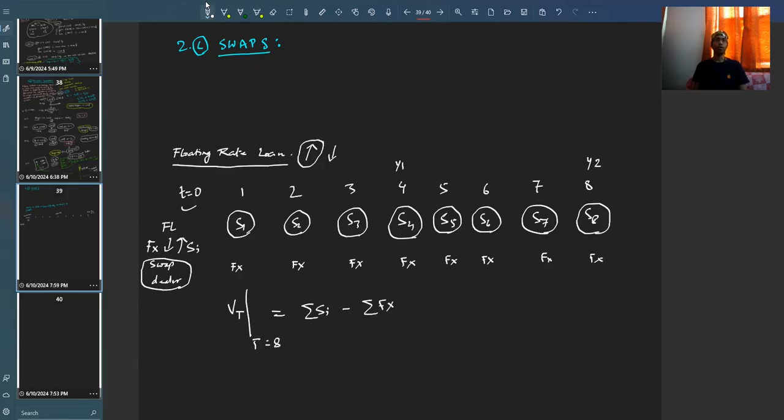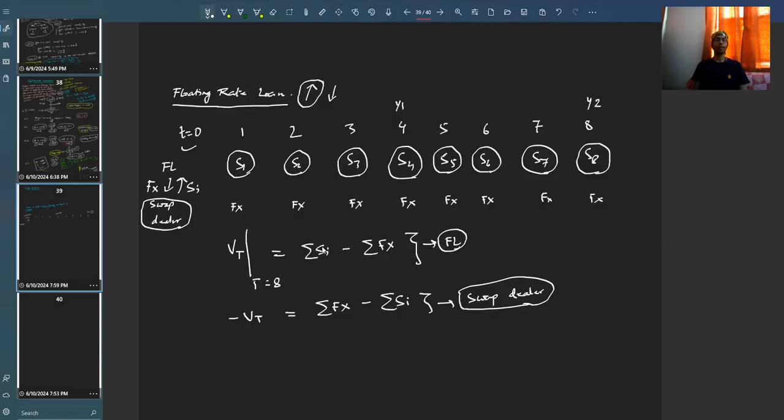This is the value to the person who has taken the loan, that is you. And the value to the dealer is exactly the reverse of it. Minus VT is equal to the sum of FX minus the sum of the variable payments. This is the value to the swap dealer.